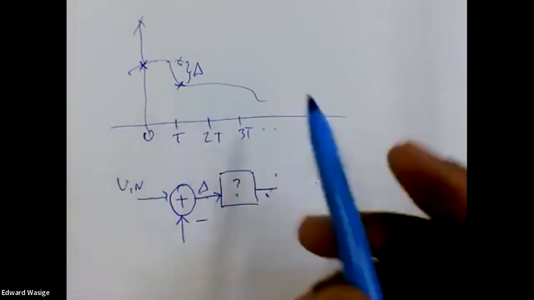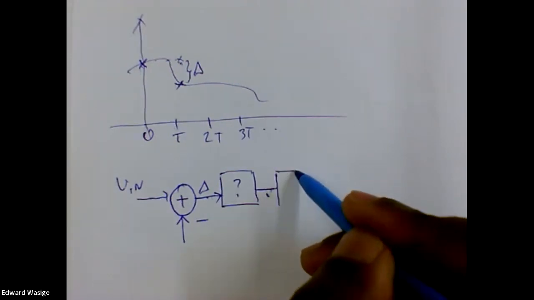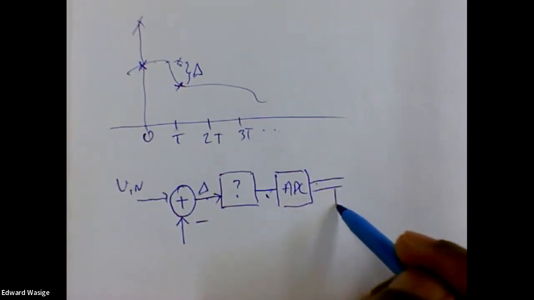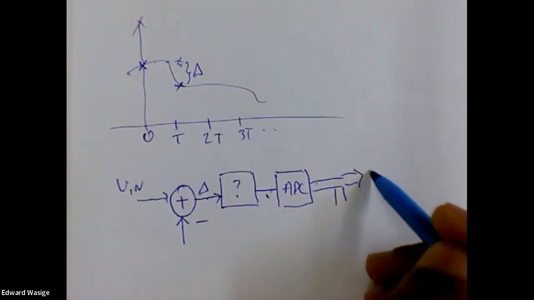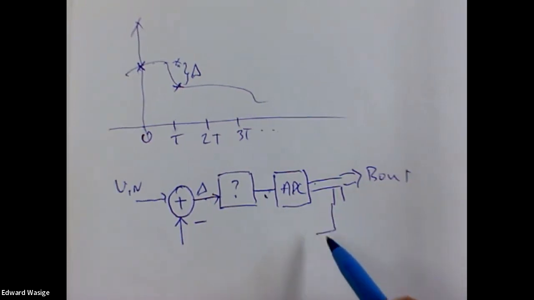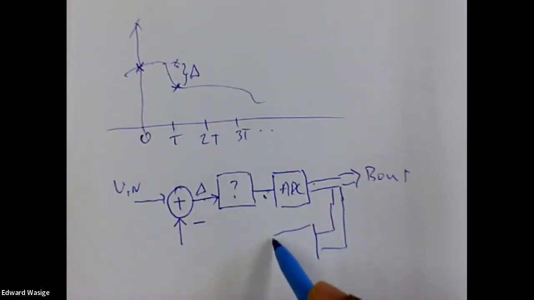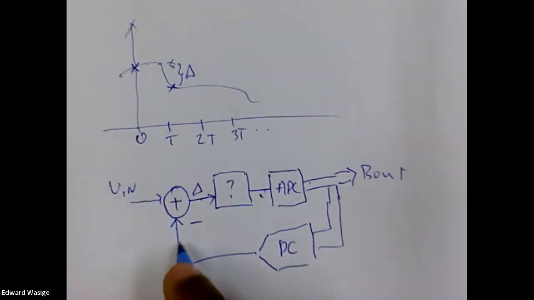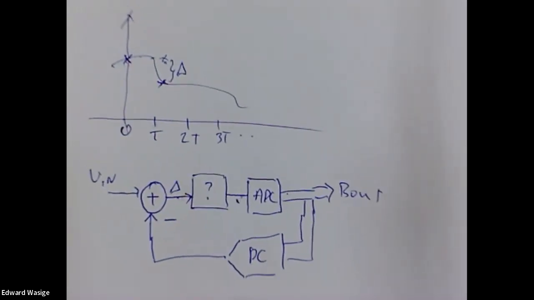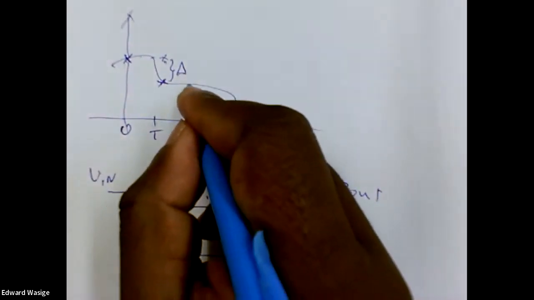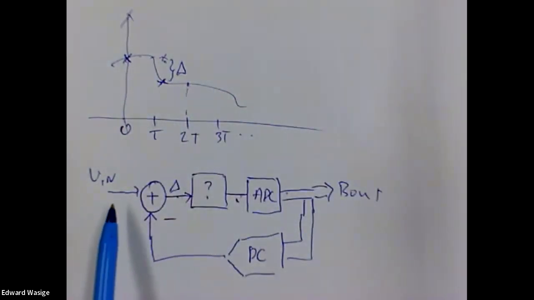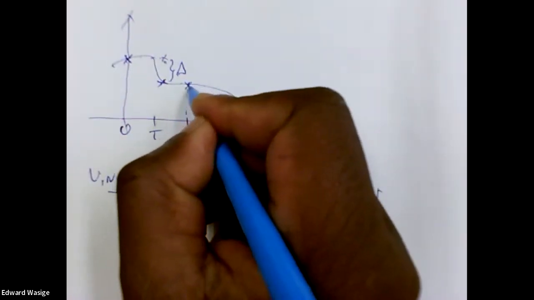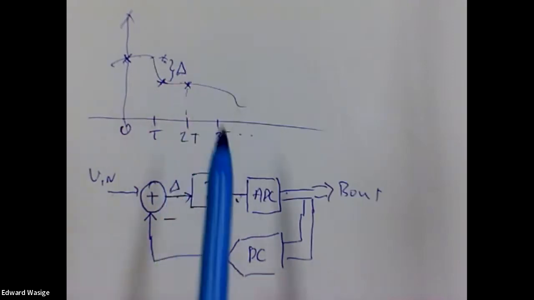Once we have that correct signal, we go through an ADC, which gives us B out, and this B out goes into a DAC, and the DAC feeds back there. So when we go to time 2t, the input signal is the new sample there.